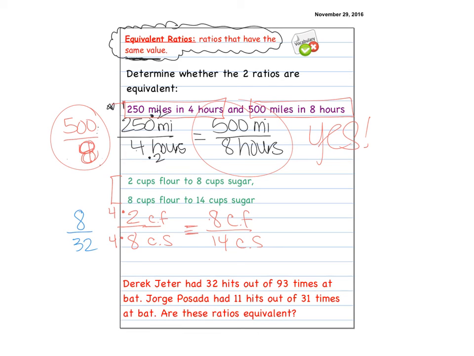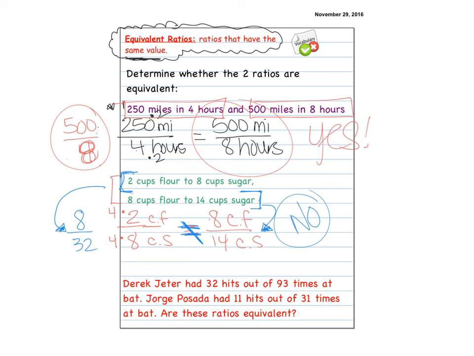I can see that for 8 cups flour in this recipe, I would need 32 cups of sugar. Yikes, that's a lot of sugar. I bet they're really, really good. And 8 cups flour here would only need 14 cups sugar, so they don't have the same rate. They're not the same, so that means they are not equivalent.